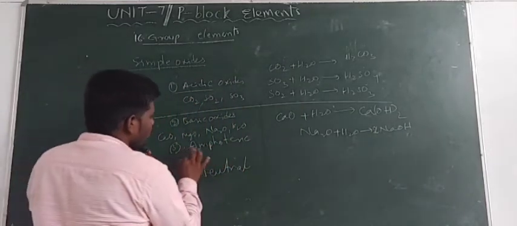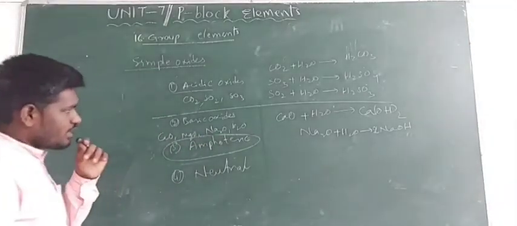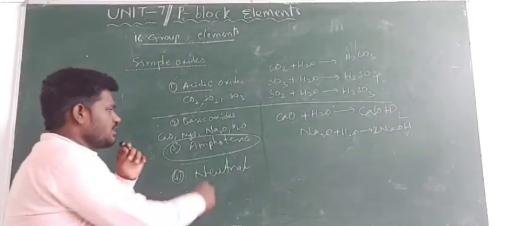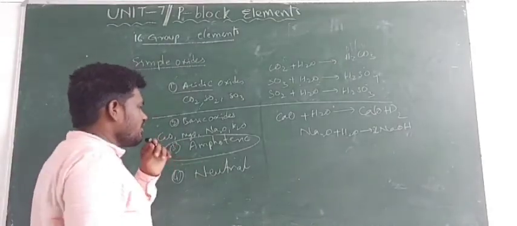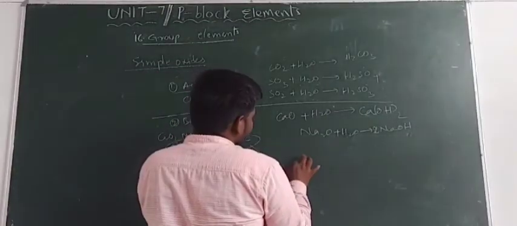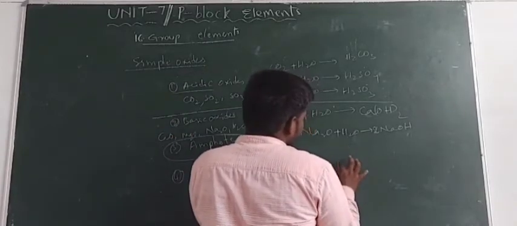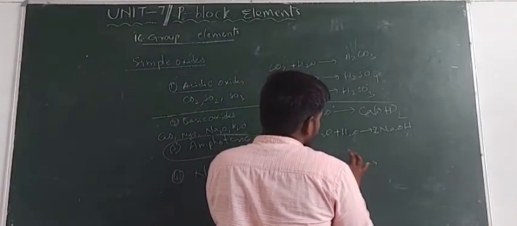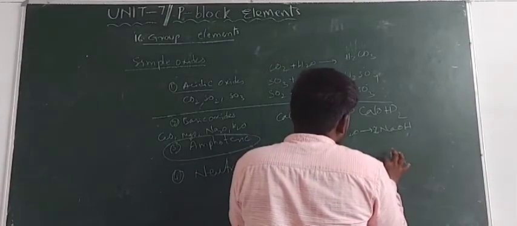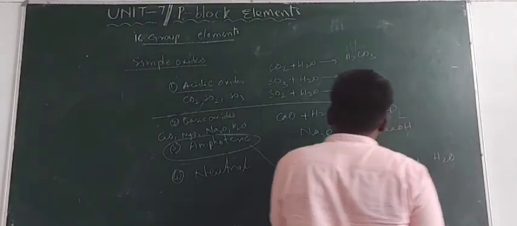And next, amphoteric oxides. They can react with acids and bases. It means they have both natures, acidic and basic. An example for an amphoteric oxide is Al2O3. Al2O3 reacts with 6 moles of the acid HCl and produces 2 moles of AlCl3 and 3 moles of water, H2O.